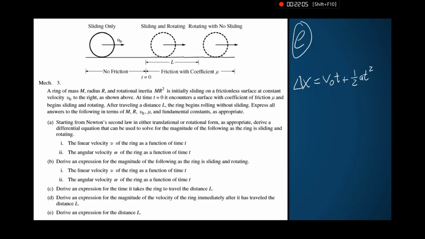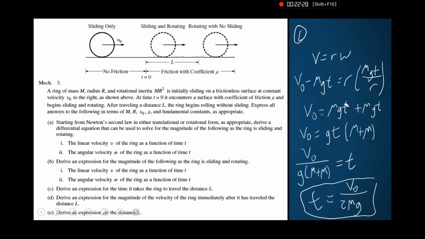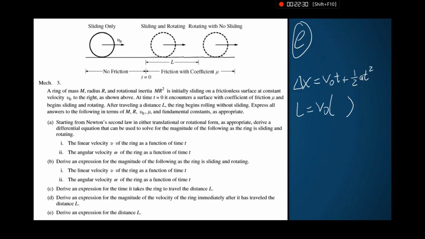So we're looking horizontally, not vertically. Okay, so our distance L is our velocity V0 times our time, which we solved as, what was our time? V0 over 2 mu g.